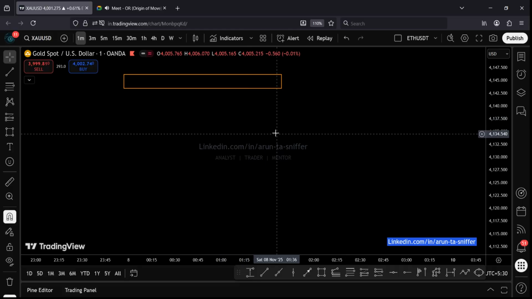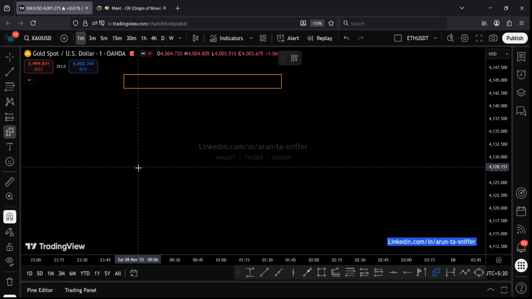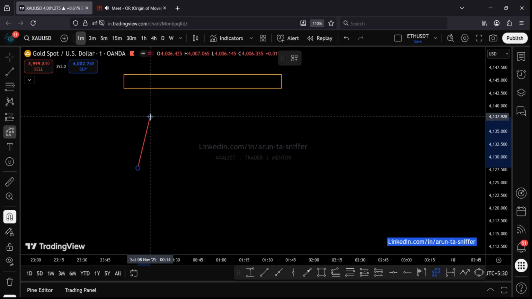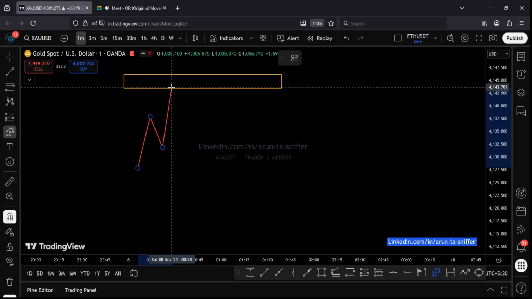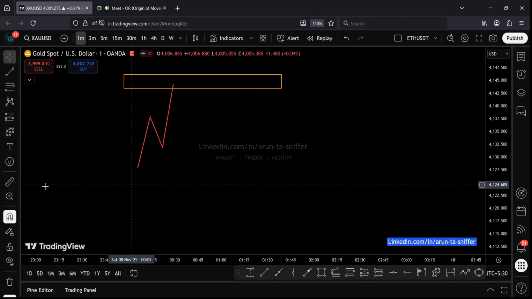Okay, this is the true zone, and price makes a high, low, higher high, and touched this true zone, right? So what happens here?